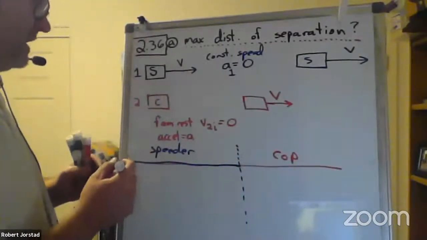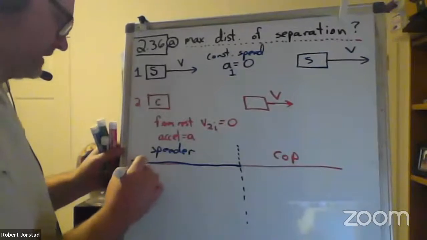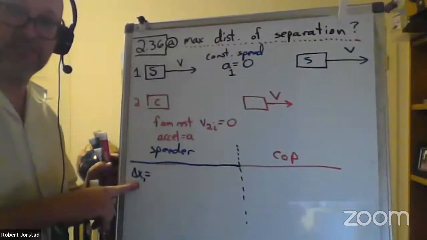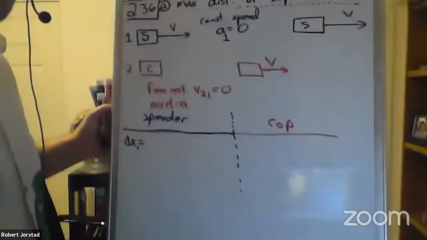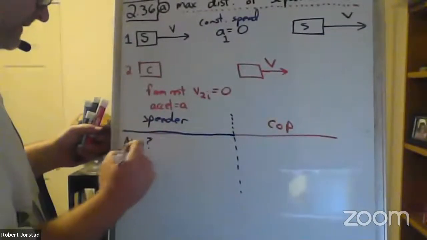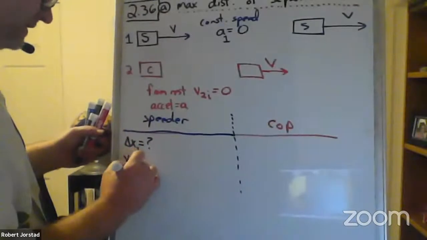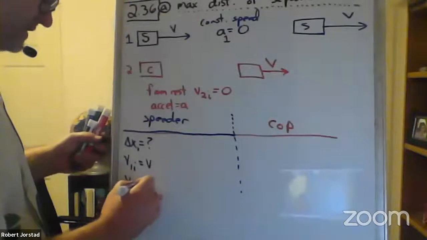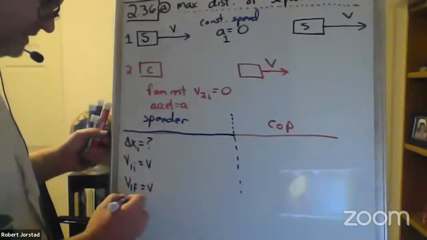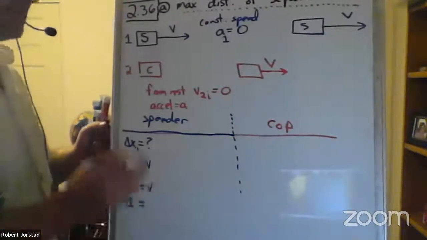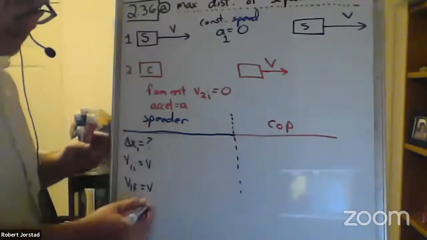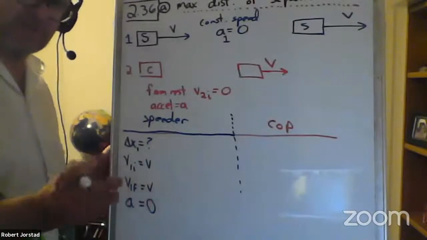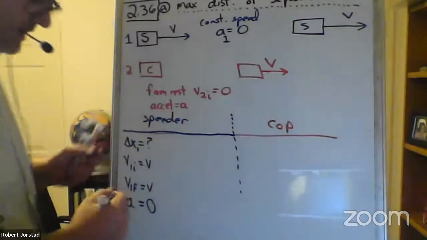All right, so in this case, we know delta x equals, now I've got to put subscripts on them all. Delta x1 is, I don't know. V1 initial is V. How do I know V1 final is also V? Because it said constant speed. That means if you're at constant speed in a straight line, your acceleration is 0. If you're at constant speed, you could have acceleration if you're turning. More on that in another chapter.